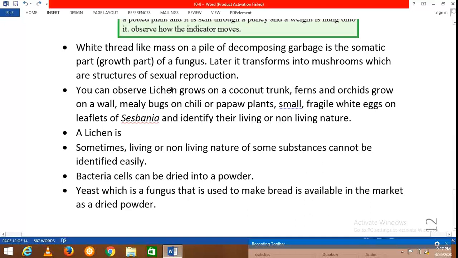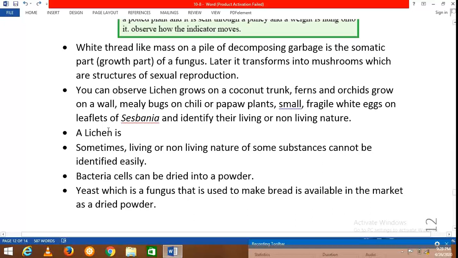Once you see lichens, you have definitely seen on large trees white or ash or sometimes light green color structures, patch-like structures on those large trees. These are lichens.